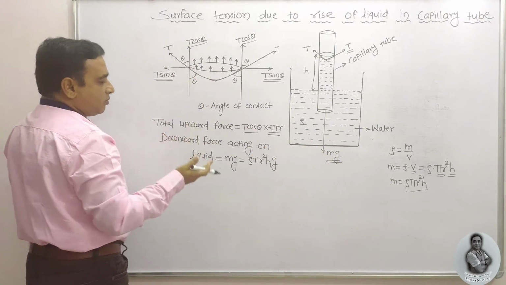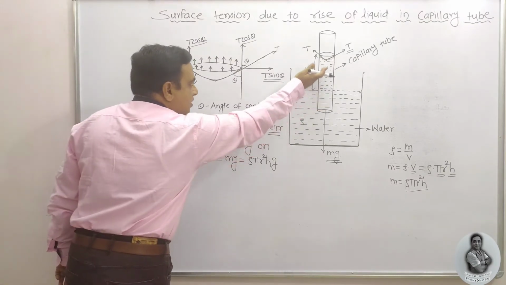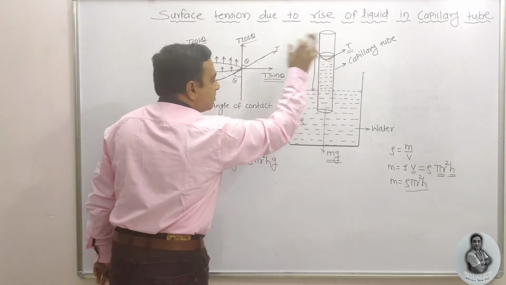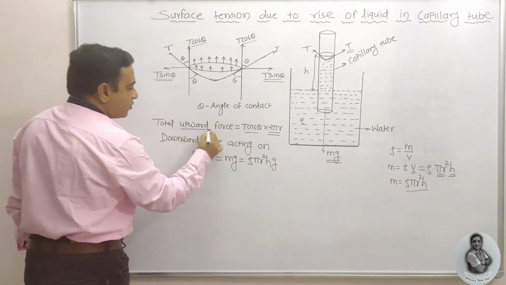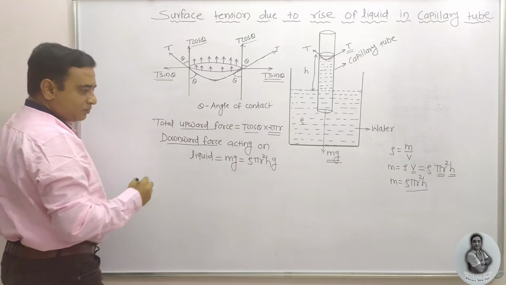So one stage will come, the liquid starts rising inside the capillary tube and it will stop. Means upward force at that time is equal to downward force.